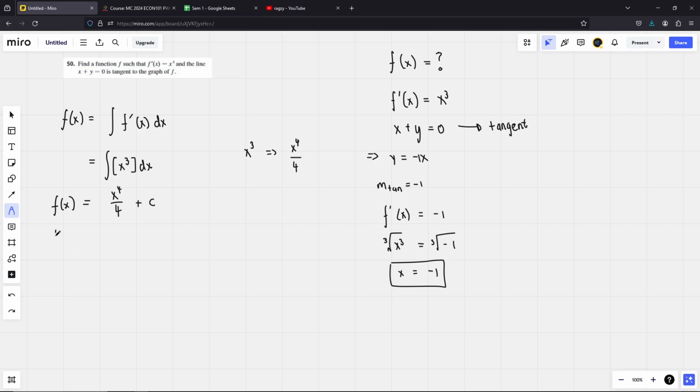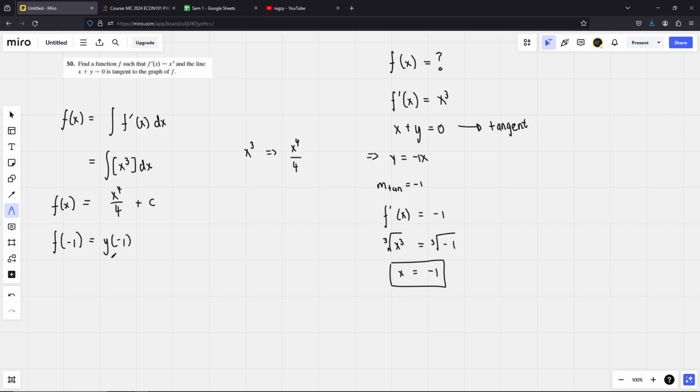So I know that f of minus 1 is going to be equal to, well, how would I write this? I can't really write this in this way, but I'm just going to say it's equal to y of minus 1, just for an understanding. So what this means is that if I substitute in a minus 1 for x in f, then that has to be equal to what I get if I substitute a minus 1 for x in the tangent line.